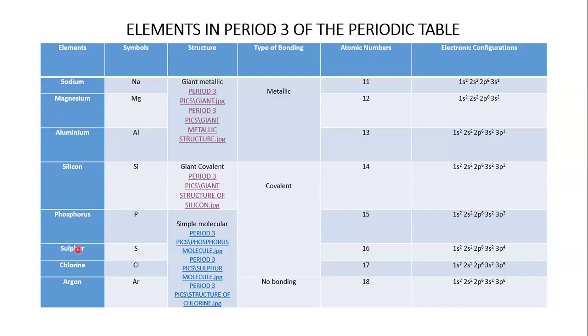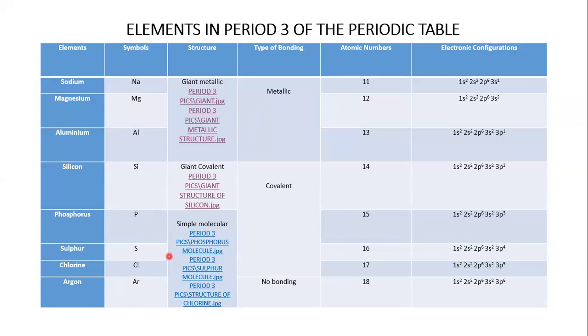One molecule of chlorine is composed of 2 atoms, so you can call it diatomic. Argon is monatomic, existing as one atom. Argon is like people who don't marry, always single. It is always monatomic because it is a noble gas, an inert gas.